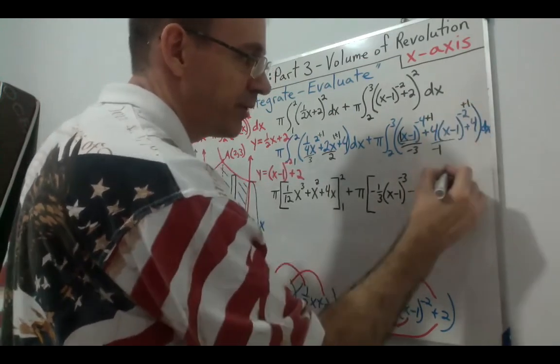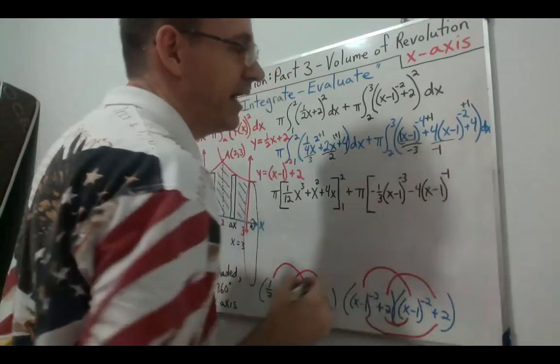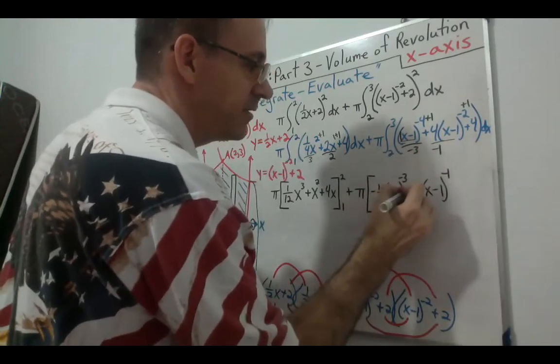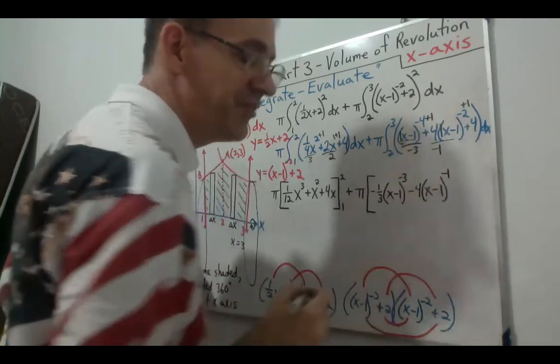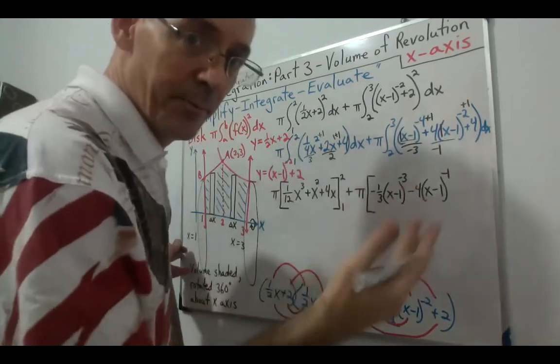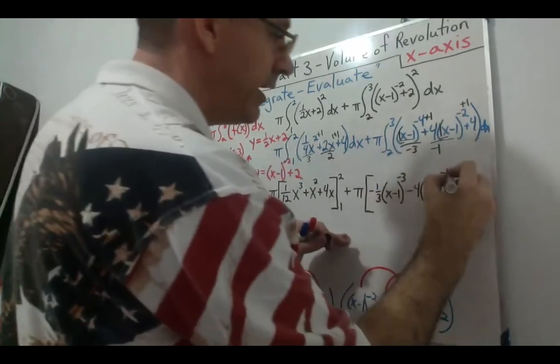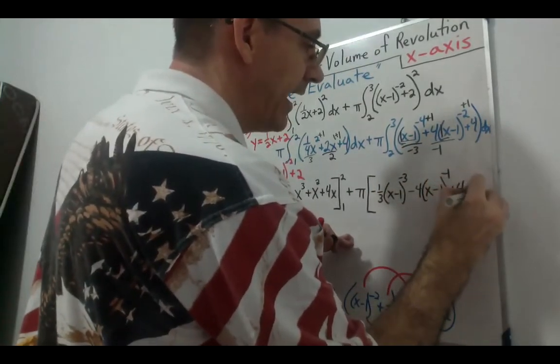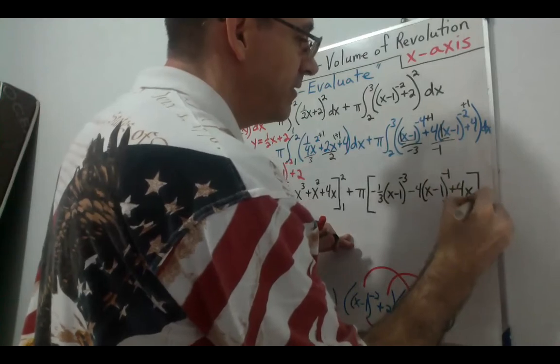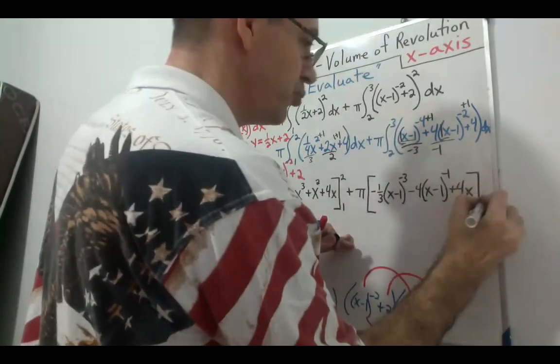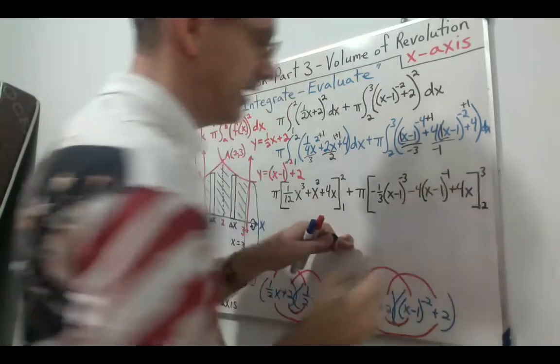So the -2 plus 1 is -1. We divide by that, which gives us -4. And again, our inside is expanded, but it only gives us a 1 in the derivative. And then we have a plus 4x again here. And this is being evaluated from 2 to 3.